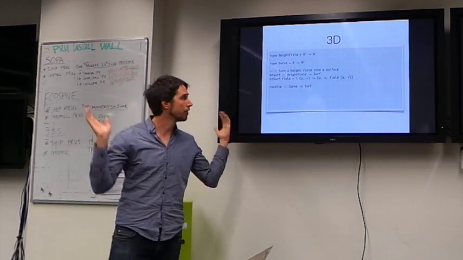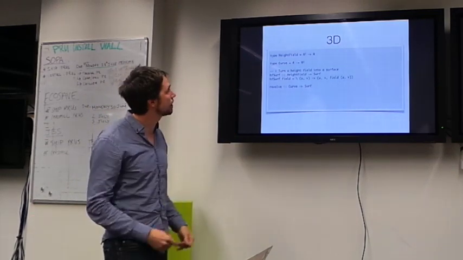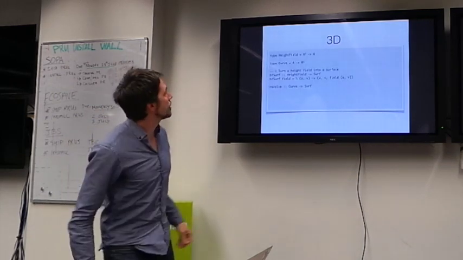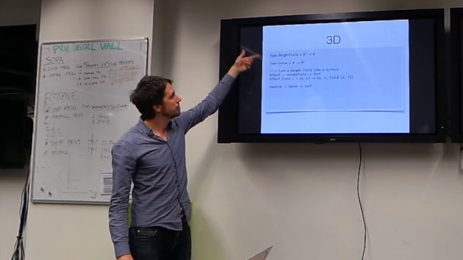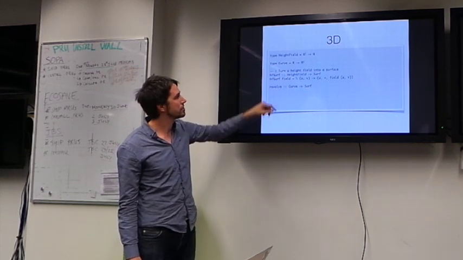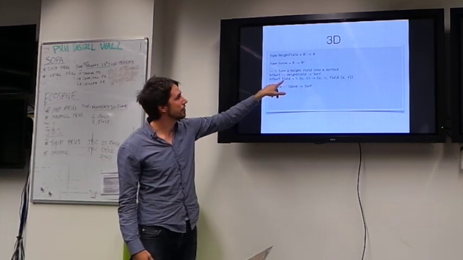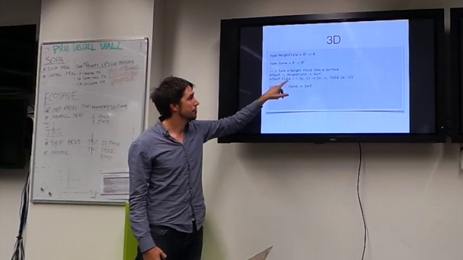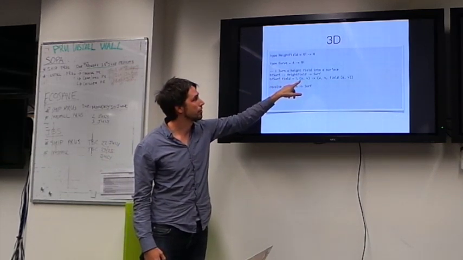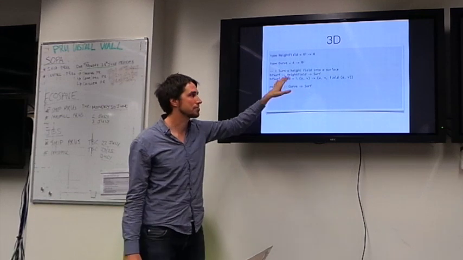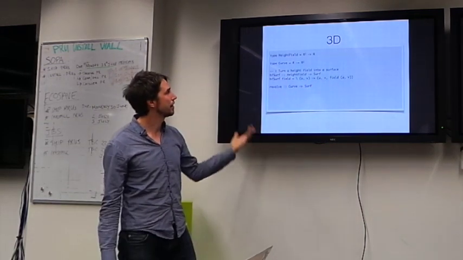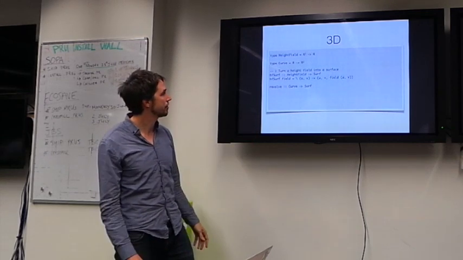Or it could be a slope, or it could be an arbitrary surface, but it's defined as a height field rather than this way. But then we can easily convert between a height field and a surface by just applying this function here. So the field is this term here, and then for a given UV or XY, you produce a UV and then field applied to UV. And that's how you convert that to a surface.